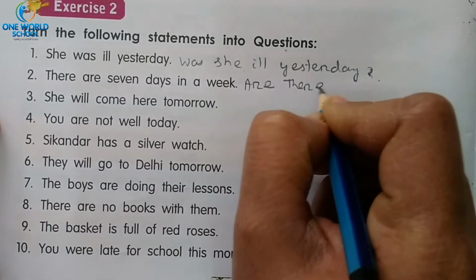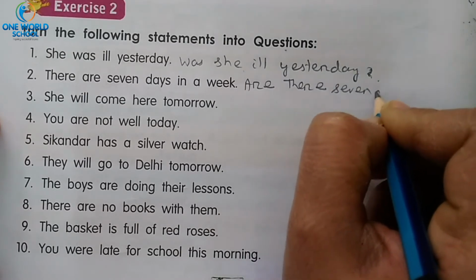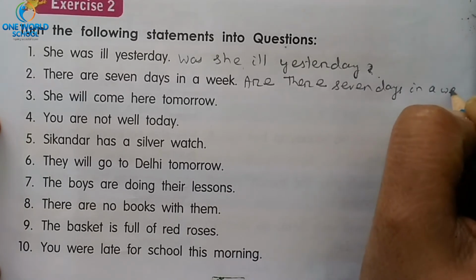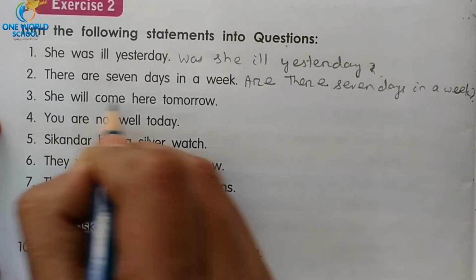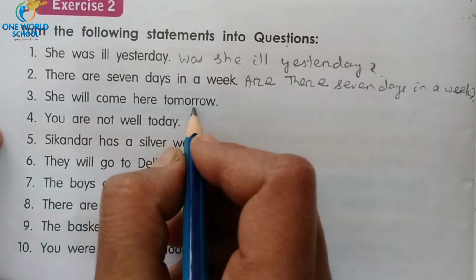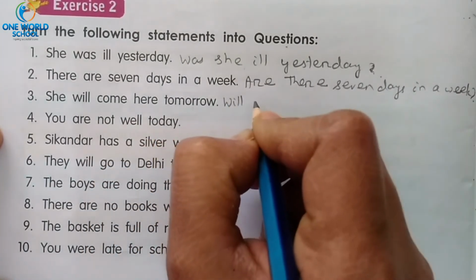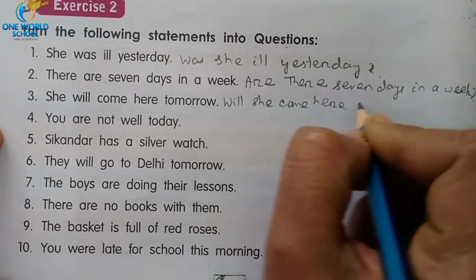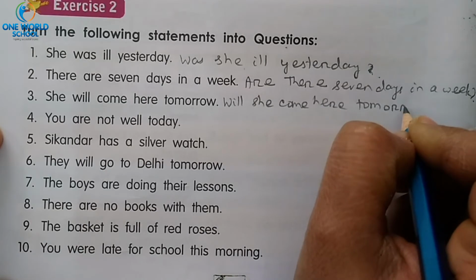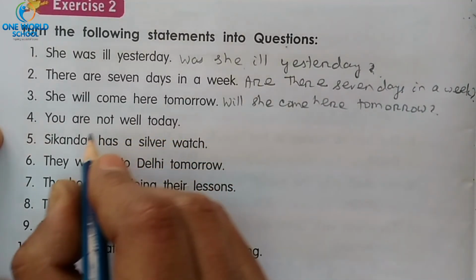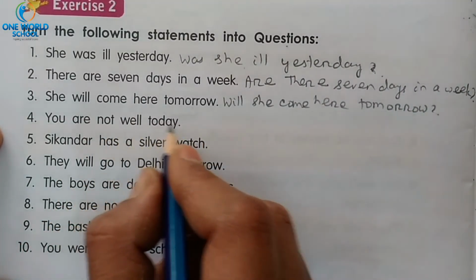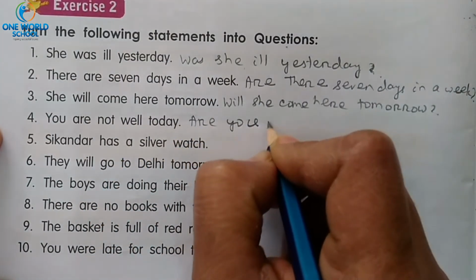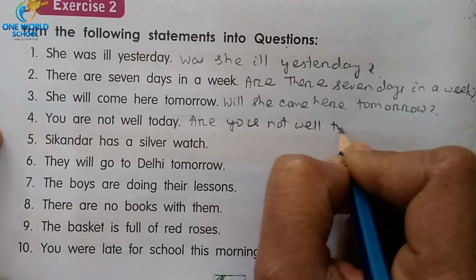Are there 7 days in a week? She will come here tomorrow. Will she come here tomorrow? You are not well today. Are you not well today?